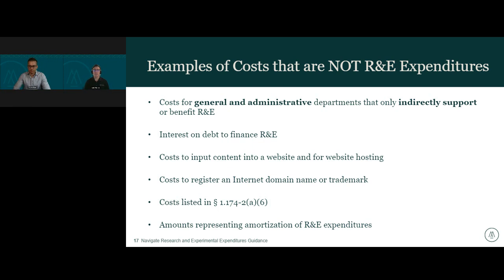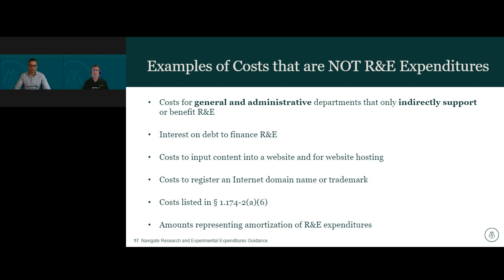Some other items that are excluded from the R&E Section 174 categories would be interest on debt to finance R&E, cost to input content into a website, cost for website hosting, cost to register an internet domain name or trademark, other costs that are listed in the -2A6 regulations under 174, which would include quality control testing, efficiency surveys, management studies, consumer surveys, advertising and promotions, and acquisition of another's patent, model, or process, and also any research in connection with literary, historical, or similar projects.